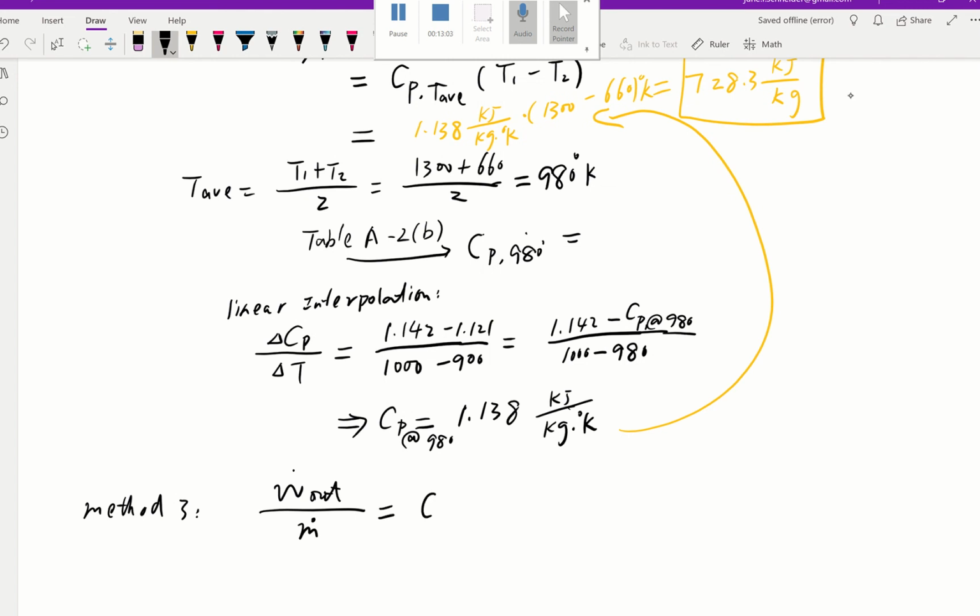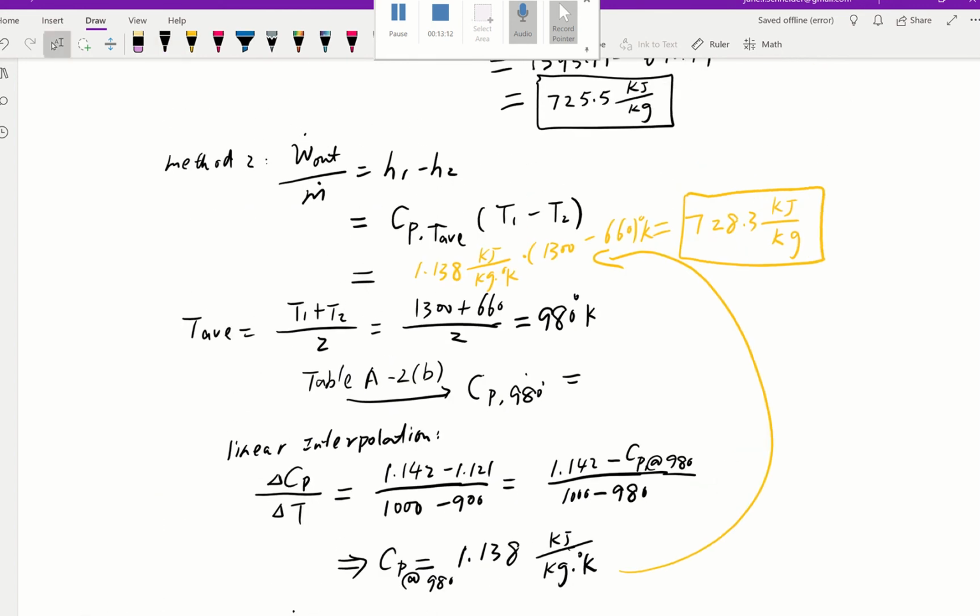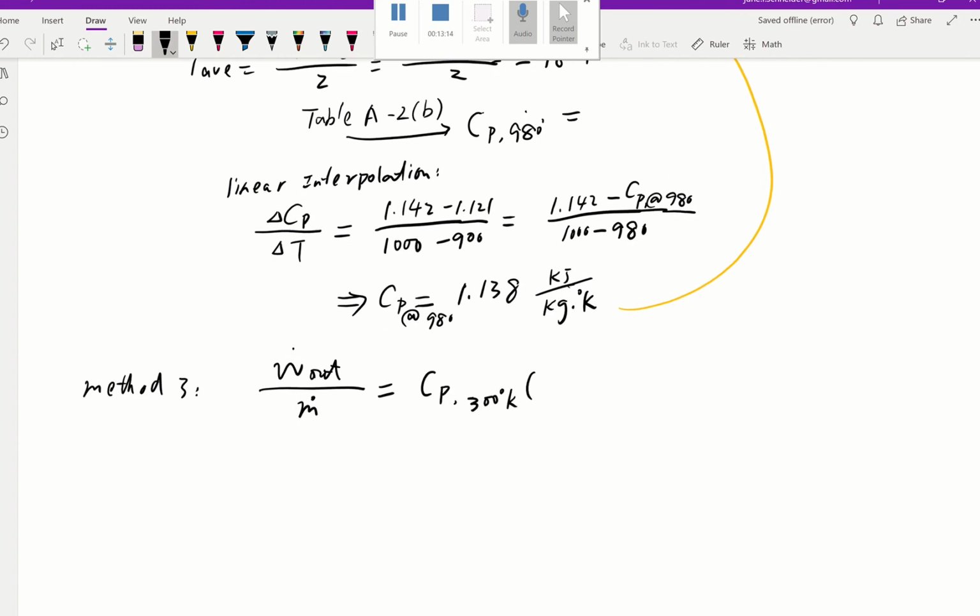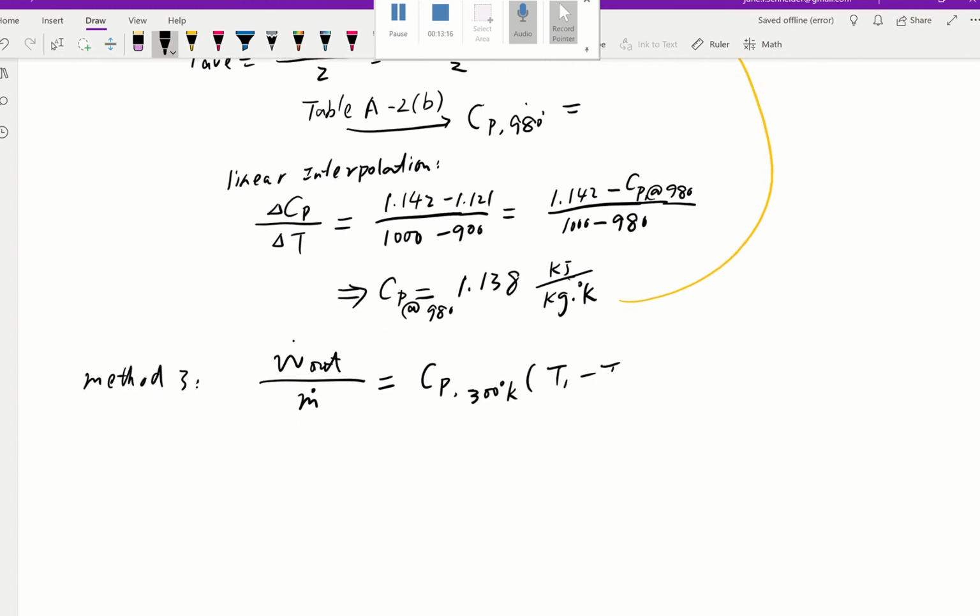That's going to be equal to Cp. However, we're using 300 Kelvin. Since it's H1 minus H2 here, that means T1 minus T2. So the only difference between this method and method number 2 is that the Cp value will be different.